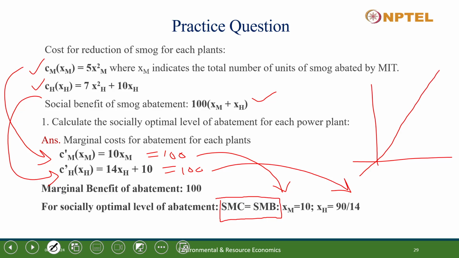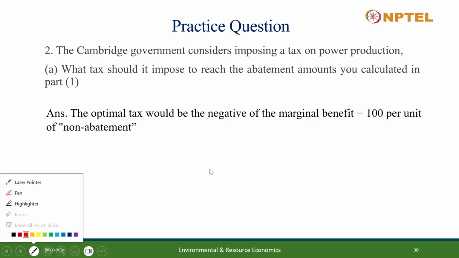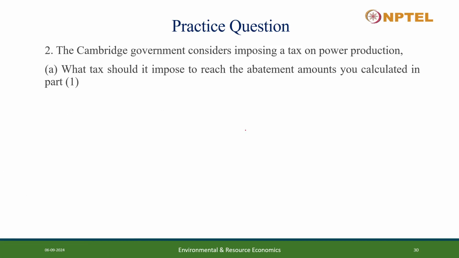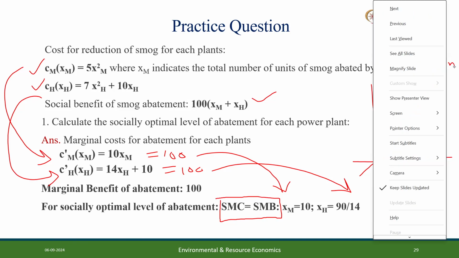And in the second case, let's say this will be for my... so this is my MAC curve, right? Marginal abatement cost for the case of M plant.